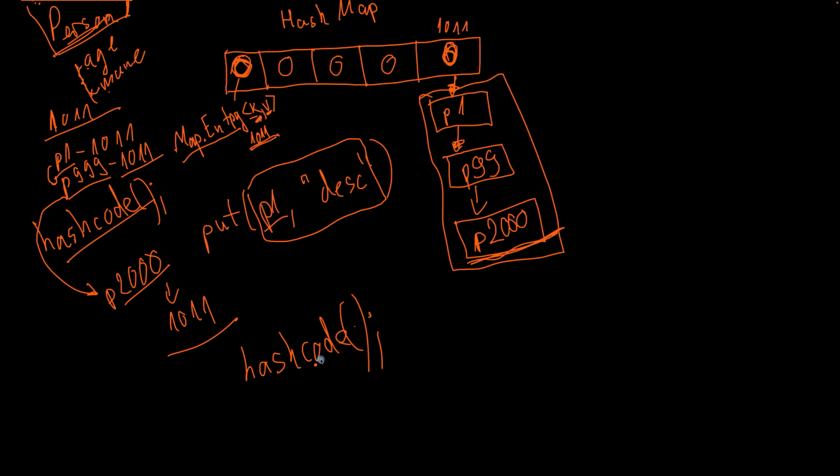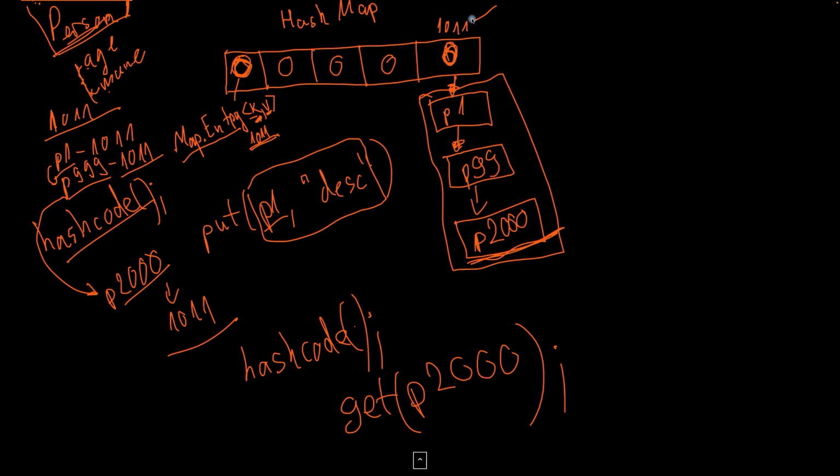We say get, we pass the key, the object person 2000, and what will happen?